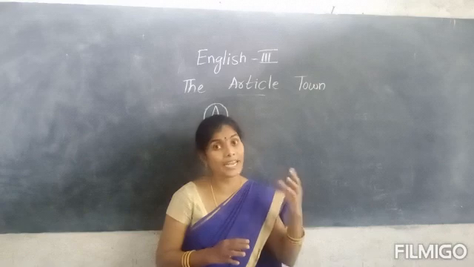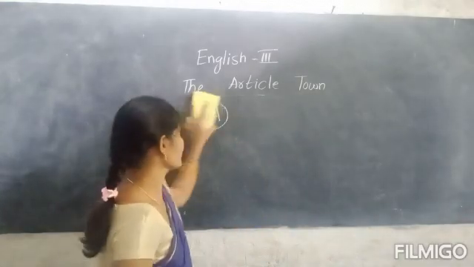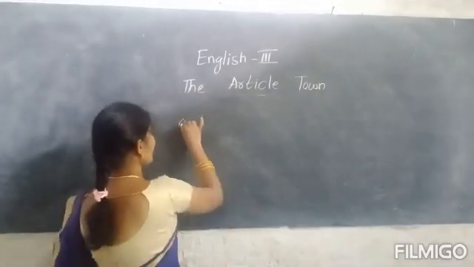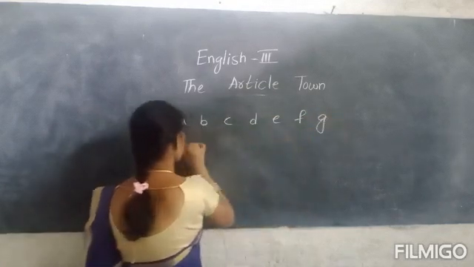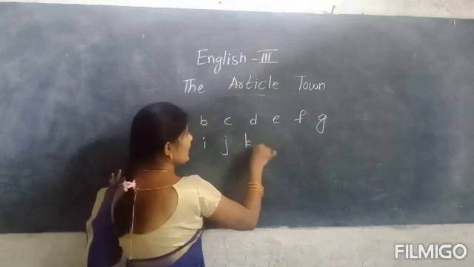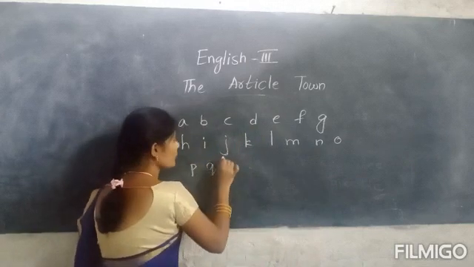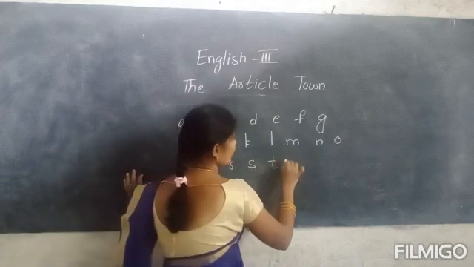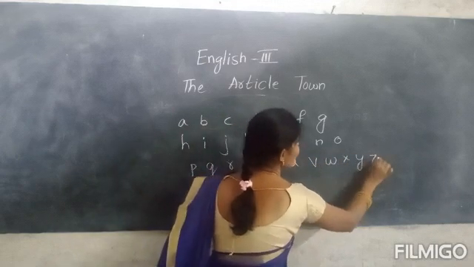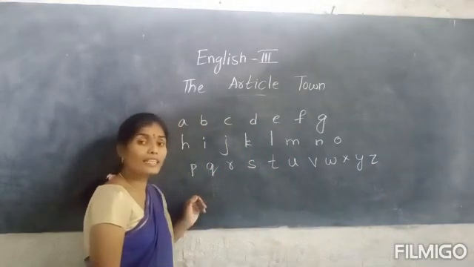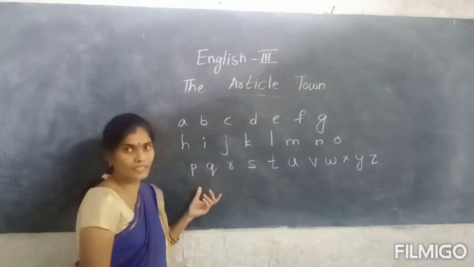Alphabet means A to Z. A, B, C, D, E, F, G, H, I, J, K, L, M, N, O, P, Q, R, S, T, U, V, W, X, Y, Z. This is the alphabet. A to Z are called the alphabet.